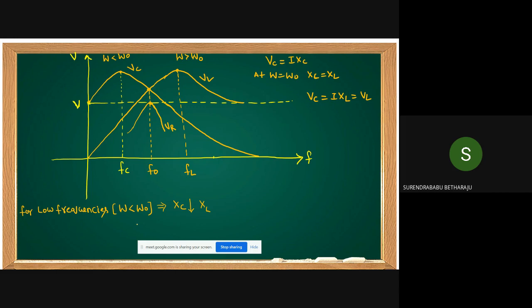Understand? Or otherwise, simply take low frequencies. What about I, sir? For low frequencies, Vc equals I into Xc. For low frequencies, Xc is greater, then Vc is greater.